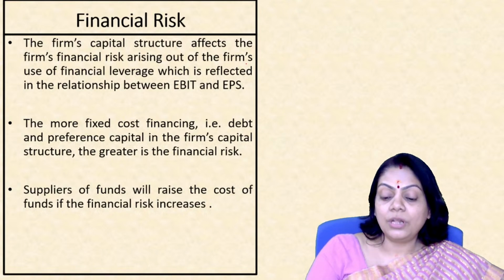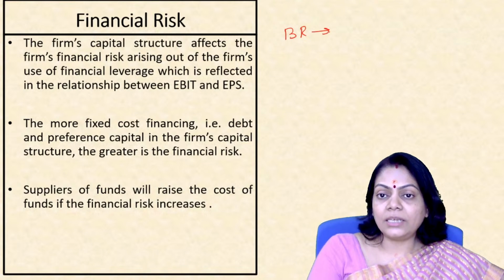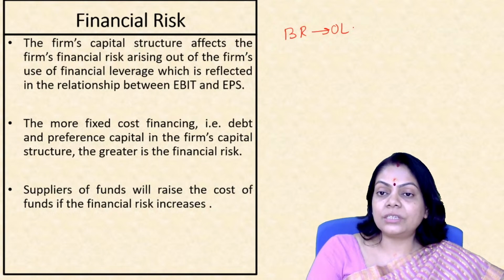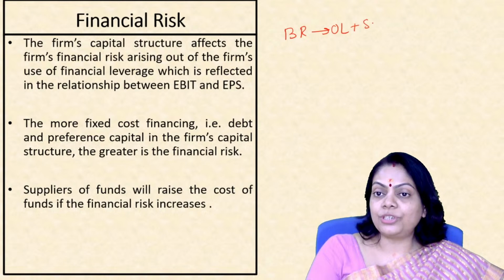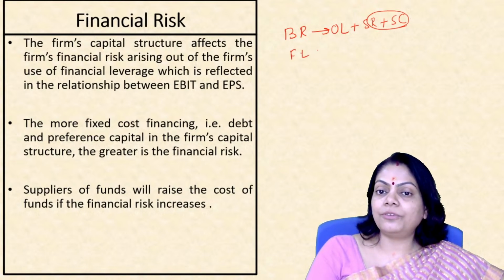Just now we saw that business risk arises due to operating leverage plus other things, such as the stability of revenue and the stability of your cost. So these two also contribute to your business risk. Business risk arises out of operating leverage, whereas financial risk arises due to the financial leverage.